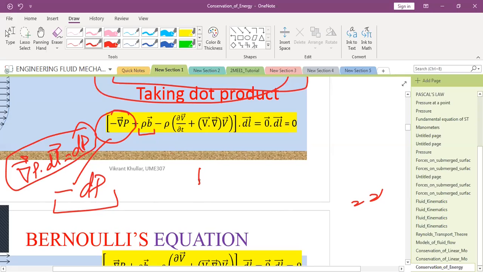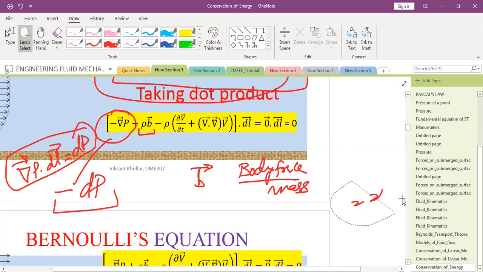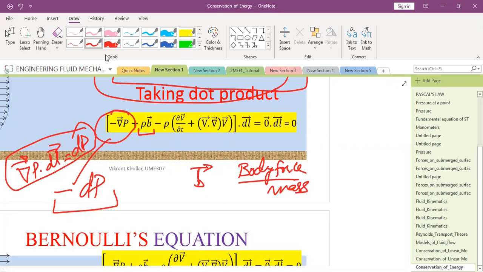Now what is b vector? This is body force per unit mass. B vector is the body force per unit mass. So in general, this body force could have 3 components.